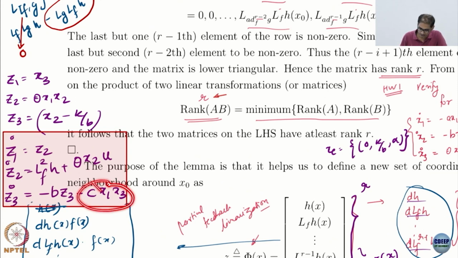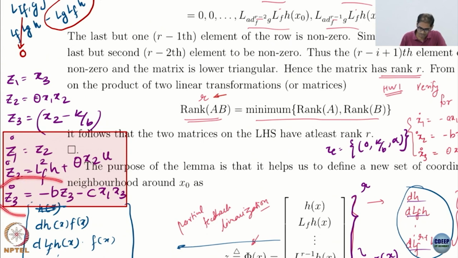And when this term is 0, what can I say about this dynamics? Exponentially stable. Z3 dot is minus B Z3. So this is a minimum phase system. The zero dynamics is exponentially stable, in fact more than asymptotically stable.